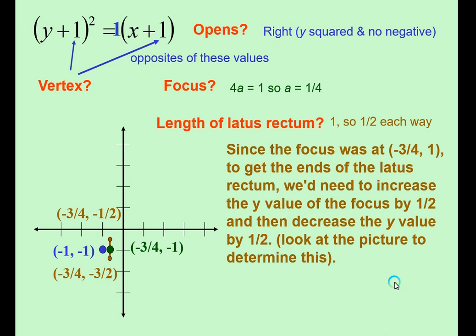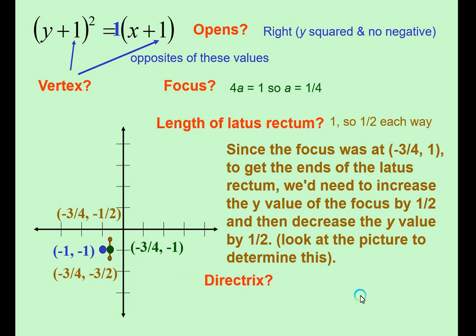So we moved 1/2 up and 1/2 down. The x point is the same, -3/4, but the y value changes upward and downward. So -1 minus 1/2 will be -1/2, and -1 plus 1/2 will be -3/2.